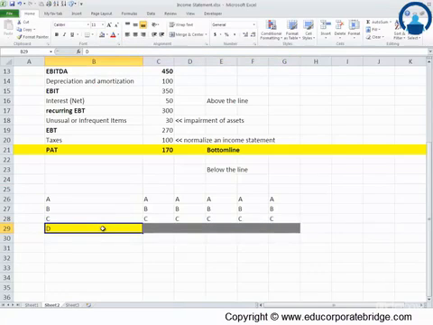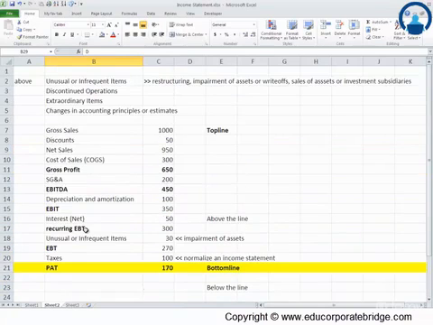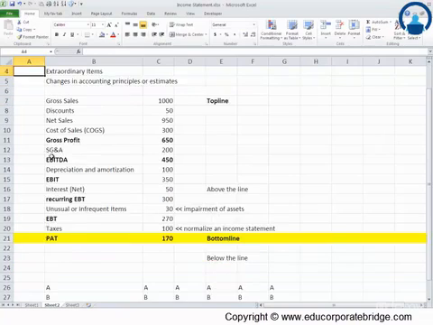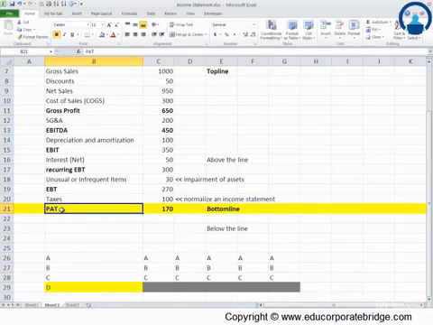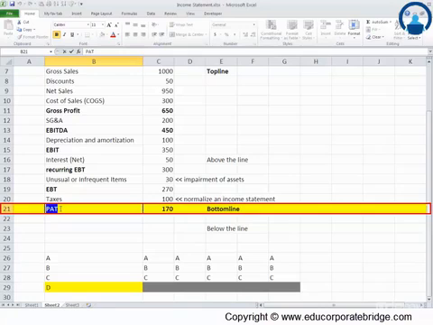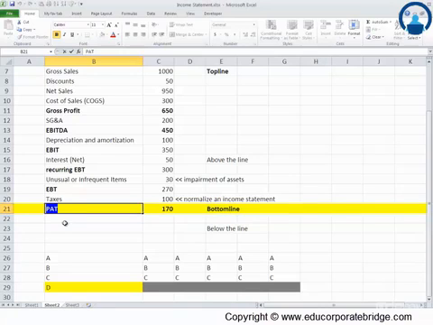So any income associated with this segment D is called discontinued operations, or income from discontinued operations, and where exactly it is written in the income statement is below the line. So where is below the line? The line is profit after tax, which is the already calculated line.